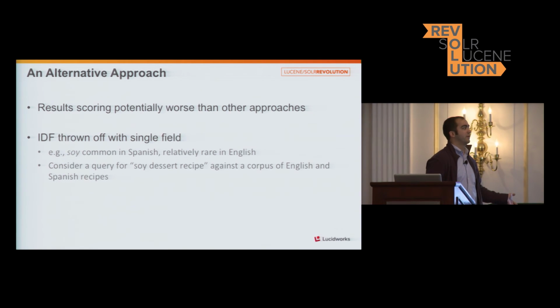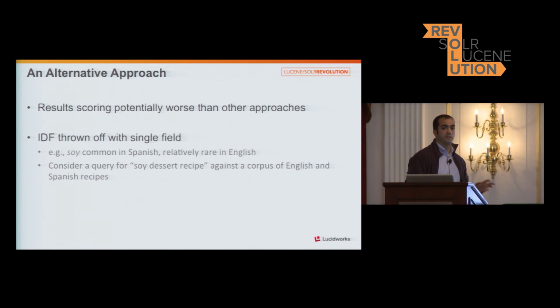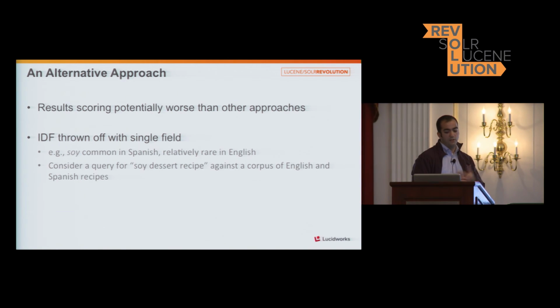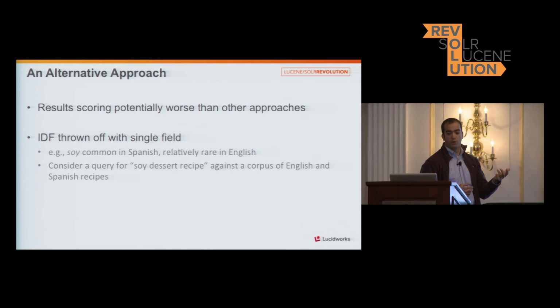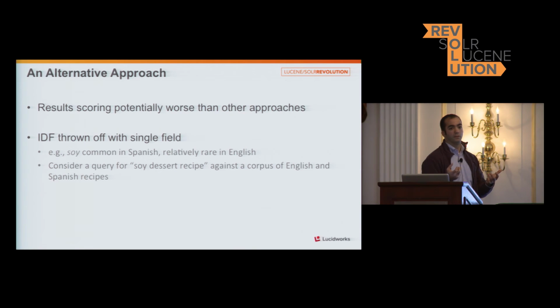You'll have a ton of recipes that mention dessert and recipe, but soy will be the infrequent term. So if you just had all of your documents in an English core and the user issued this query, soy would be a very important term in the scoring.